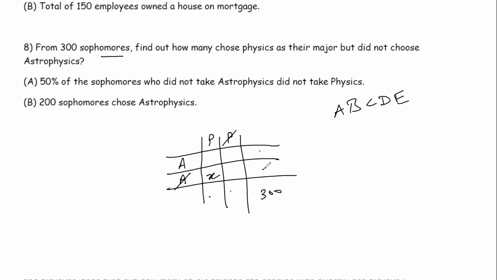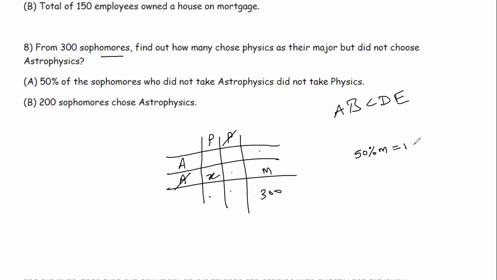So this is, let's say, M. 50% of the sophomores who did not take astrophysics, so 50% of M, did not take physics.